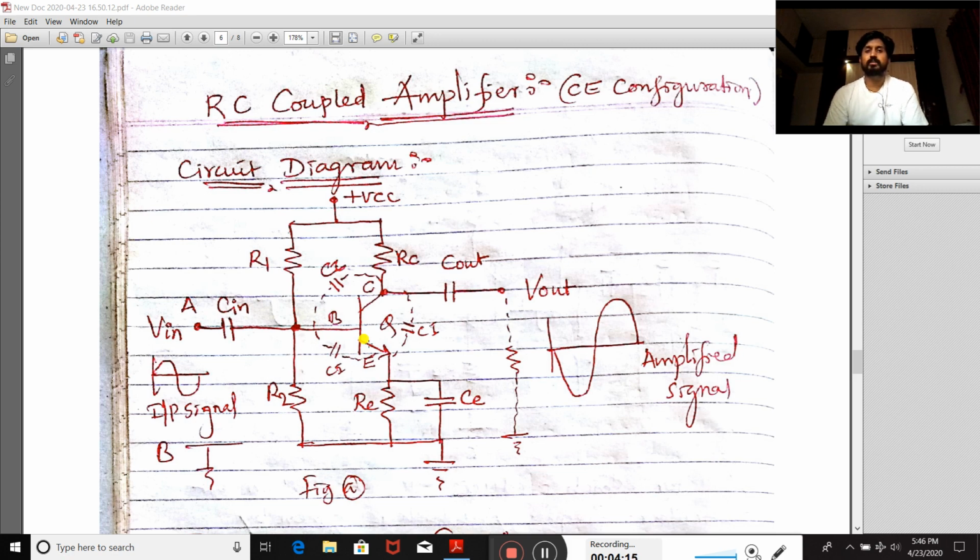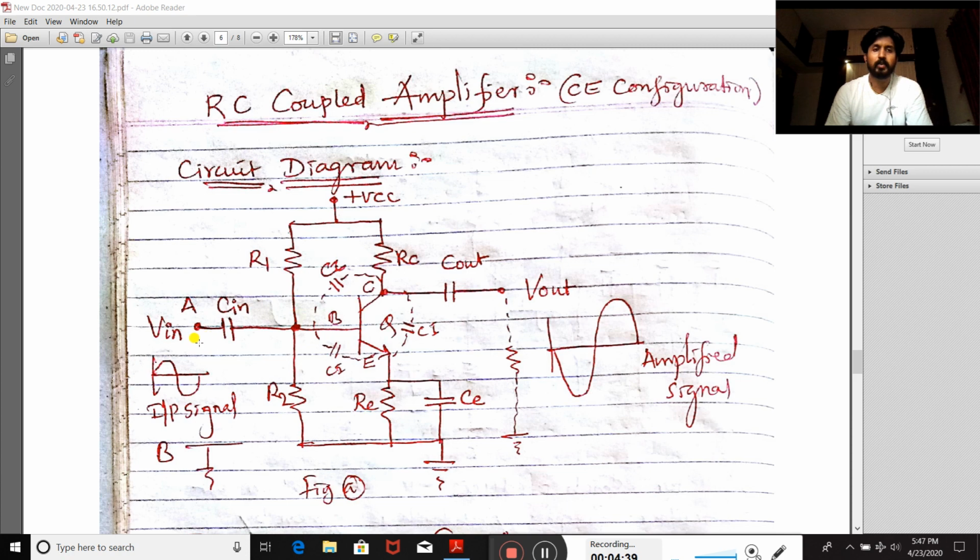If you check the operation of this RC coupled amplifier, let us consider that you are giving this type of input signal at the input side. The biasing circuit gives the DC voltage to bias this transistor, so that DC voltage will be available.